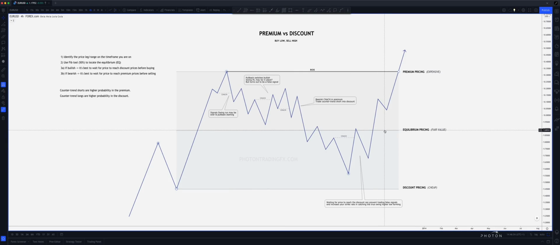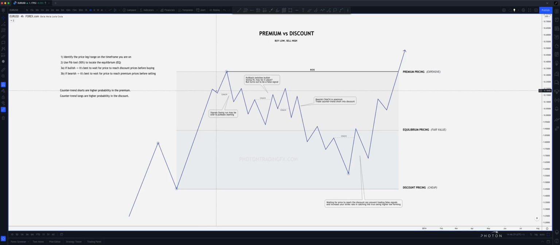There's a balance between buyers and sellers at that level in terms of the fair value of the actual price. Once we go below that equilibrium level, below the halfway point, we are now anywhere in the discount level. So anywhere in this blue box below the 50% we have cheap pricing, and anywhere above it in the grey box, this is premium and expensive prices.